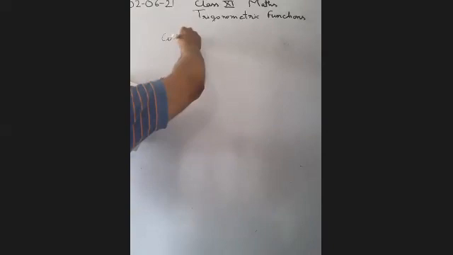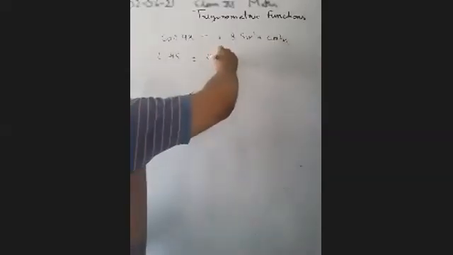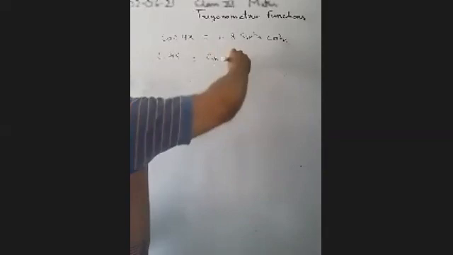This is equal to cos 4x. So we are taking the left hand side. If we take the left hand side, cos 4x. So just like we used tan 4x just now, similarly, we can use the formula of cos 4x. So cos 4x, we can write as cos 2 into 2x.